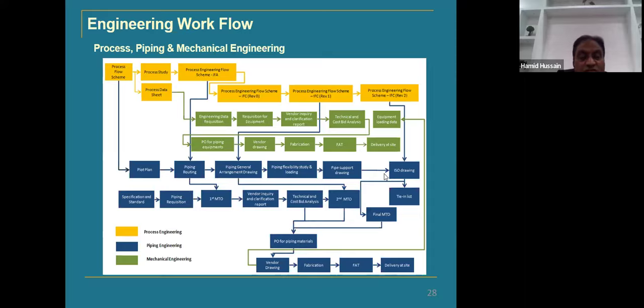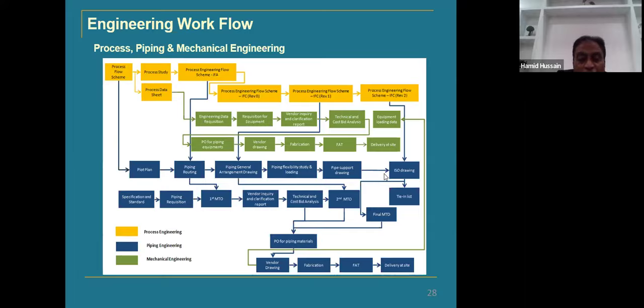Feasibility studies by the process engineers, and process data sheets will be prepared by them, and it will be given to other disciplines. And then the other disciplines will be making their requisitions, they will make the data sheet, and they will make the RFQ. They'll float it. It will be given to the procurement department. Procurement will float those documents to the market, and then they will get the offers, and those offers will be evaluated, and technical bid evaluation will be done.